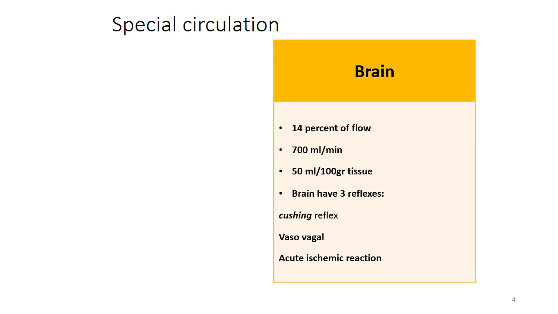In acute ischemic reaction, when the pressure of the brain is lower than 60 millimeters of mercury, this reflex happens and increases the brain pressure to about 250 millimeters of mercury, and this is the last survival reflex of the brain. And if this reflex is weak and other reflexes help it, maybe the brain blood flow starts to increase.